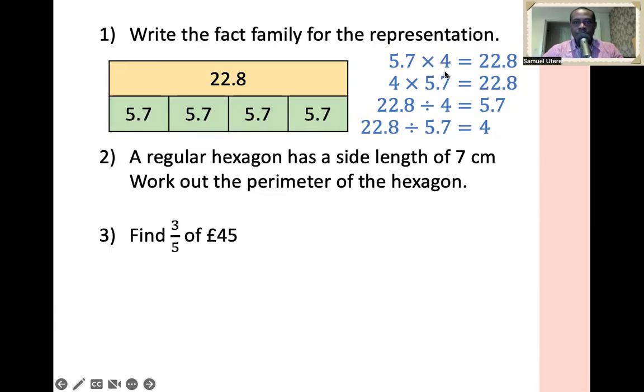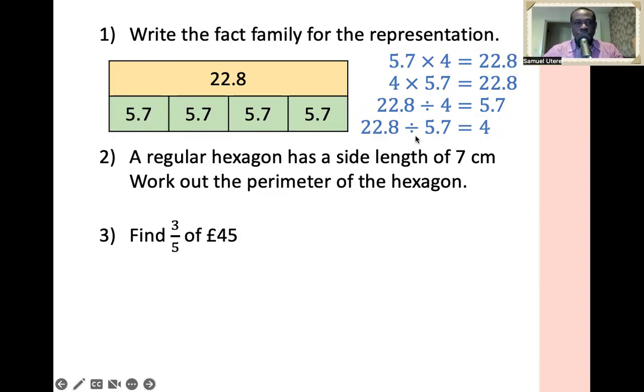Remember the word we learned when we do things like this with multiplication, we call it commutative. So 4 times 5.7 is equal to 22.8. We can also write 22.8 divided by 4 is equal to 5.7. And then 22.8 divided by 5.7 is equal to 4.